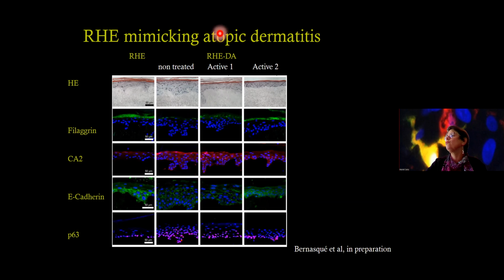And here you have two active compounds we have tested, and you can see that the active 2 is very efficient because we restore the filaggrin and we decrease the carbonic anhydrase 2. So this model, a simple model with only keratinocytes, is very efficient to test molecules which impact the filaggrin.